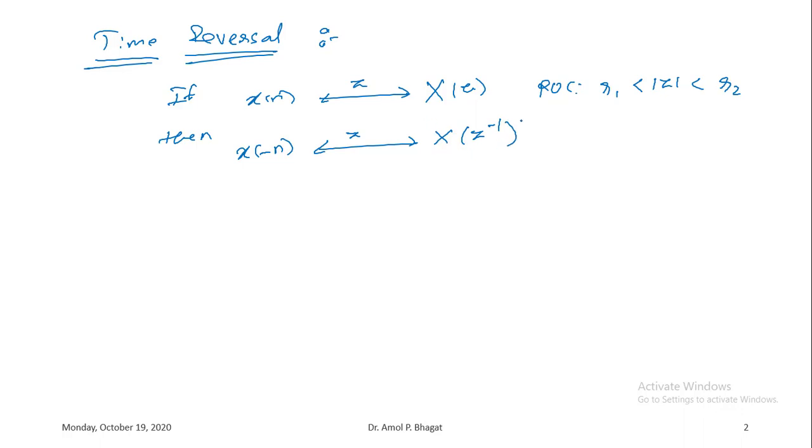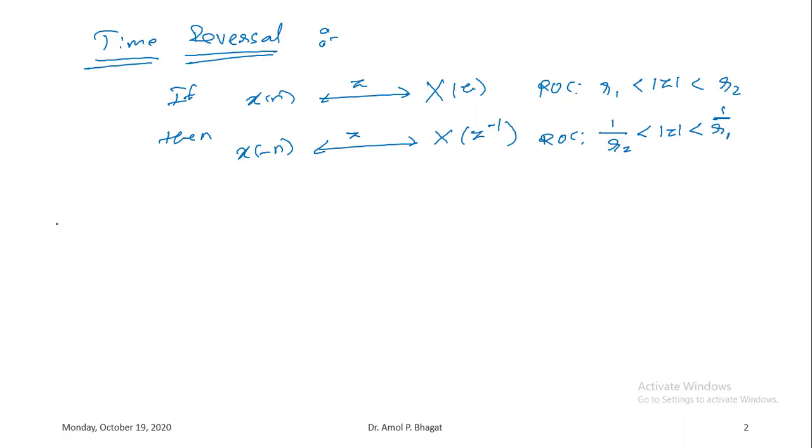Here you have reversed the time. In place of n there is minus n, so in the Z domain its Z transform will be modified as Z will be replaced with Z inverse. And the ROC will be modified as 1 upon R2 less than mod Z less than 1 upon R1.